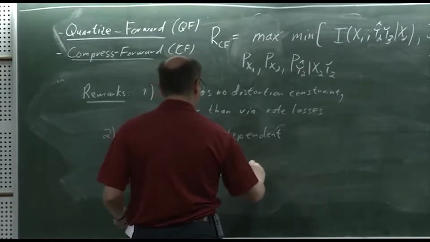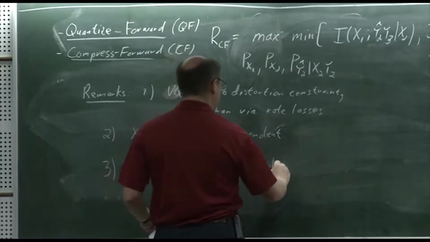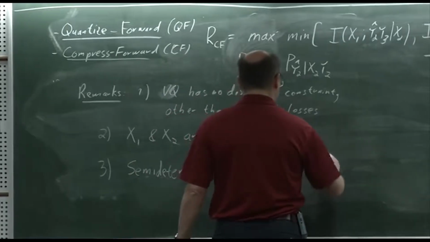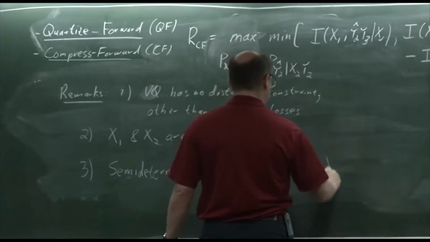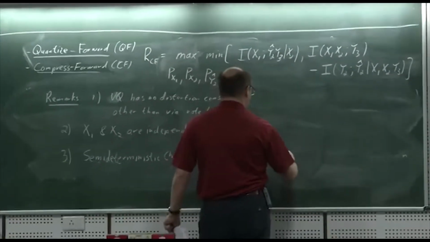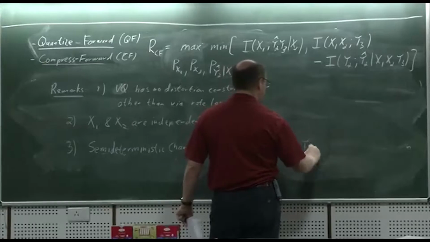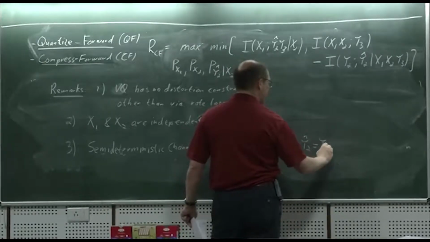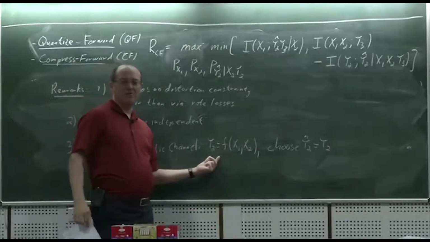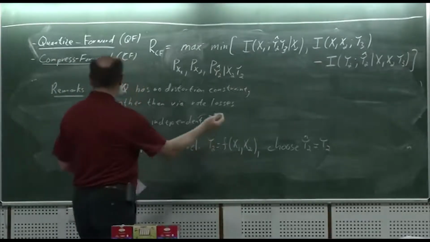Suppose we have a semi-deterministic channel, which you'll remember is y2 is some function of x1 and x2. Okay. In this case, we can choose the y2 hat to be the best thing that we would like to have, namely y2. And why? Because we still have the Markov chain, this required Markov chain.